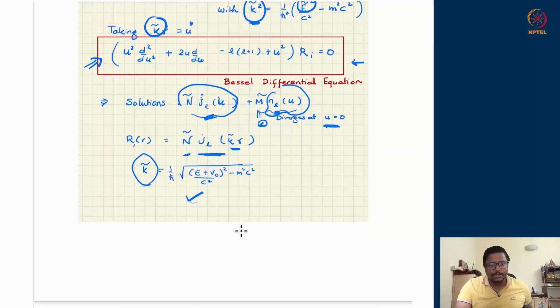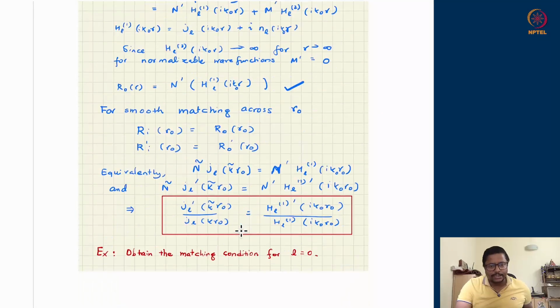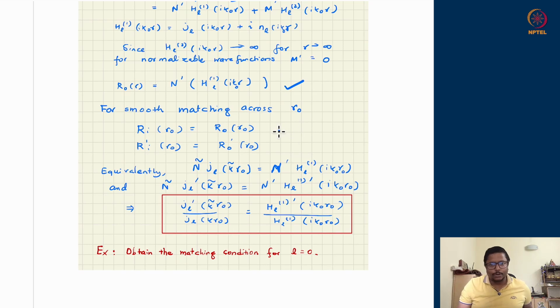So these two conditions can be written together as the wave function's radial component should match. YL in theta phi anyway is going to match because we are not doing anything to them; they are common to both sides. So the radial part should match and its derivative, prime being the derivative with respect to R. Equivalently, the JL part inside with normalization n tilde, and the HL part outside with normalization n prime, should match and their derivatives should match.